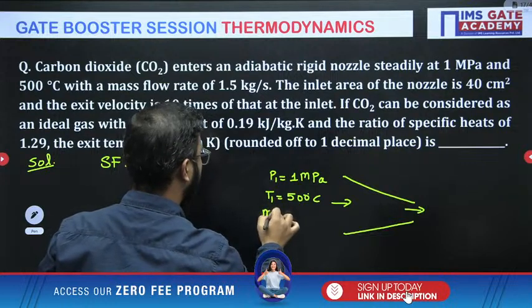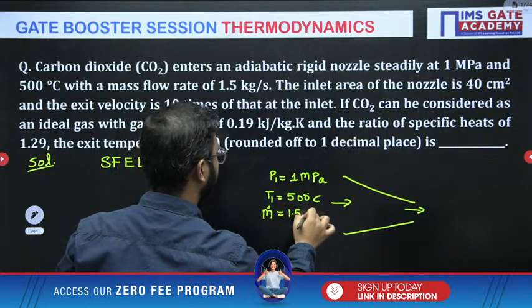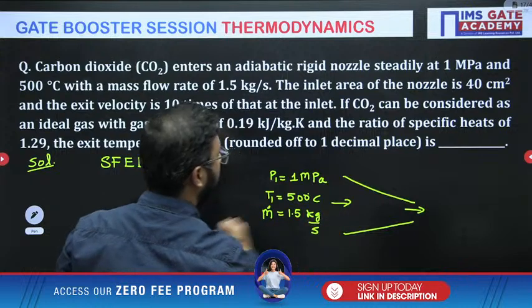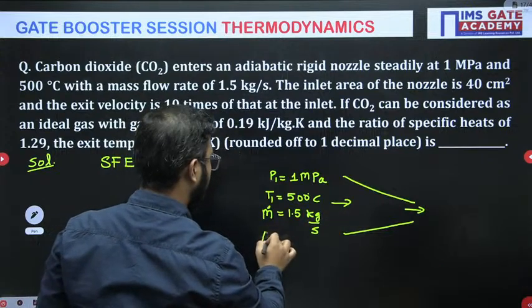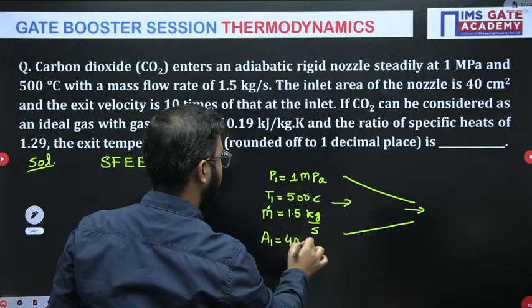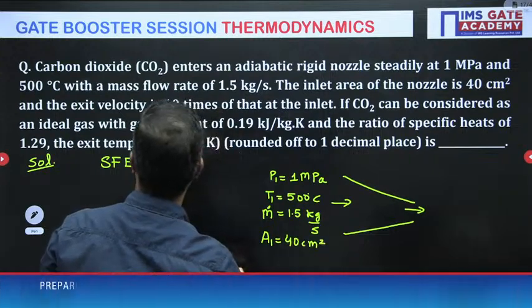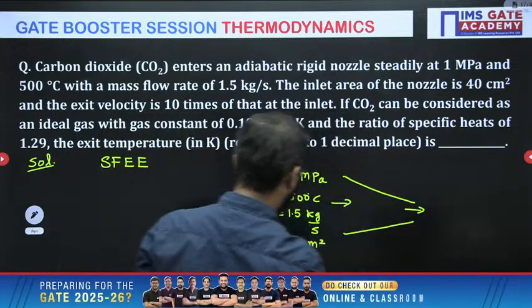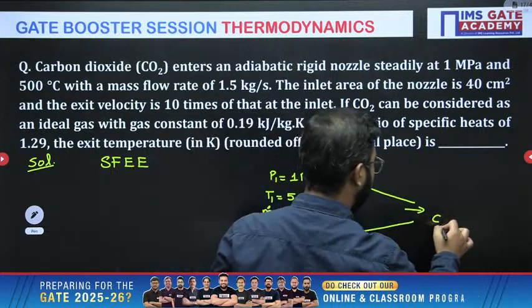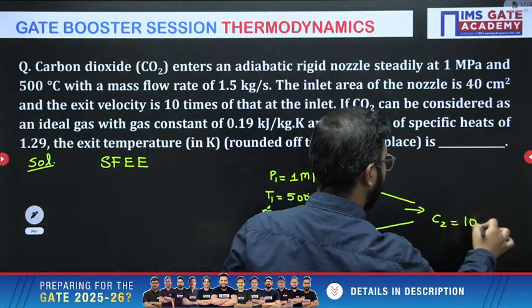Mass flow rate they have given 1.5 kg per second. Inlet area they have given 40 centimeter square. Exit velocity, so let's suppose inlet velocity C1, exit velocity C2, which is 10 times C1 they have mentioned.